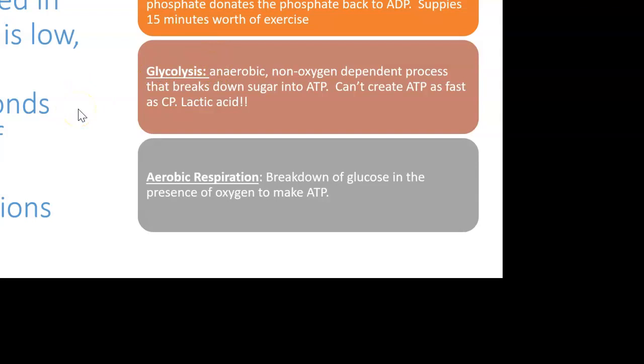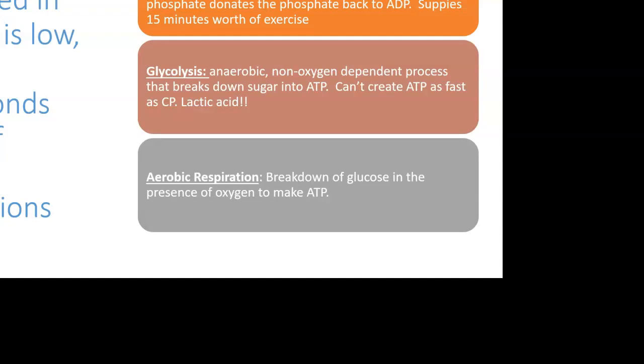The second way that ATP can be produced is glycolysis. Glycolysis is a non-oxygen dependent, so we call it anaerobic process, that breaks down glucose or sugar to produce ATP. However, glycolysis cannot generate ATP as quickly as creatine phosphate. So the switch to glycolysis results in a much slower rate of ATP availability to the muscle.